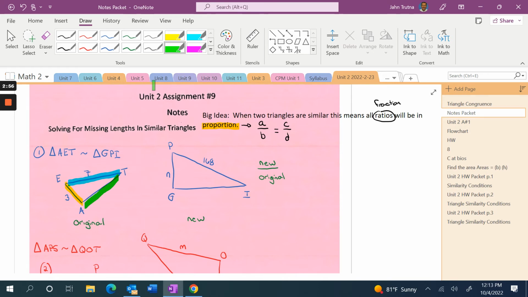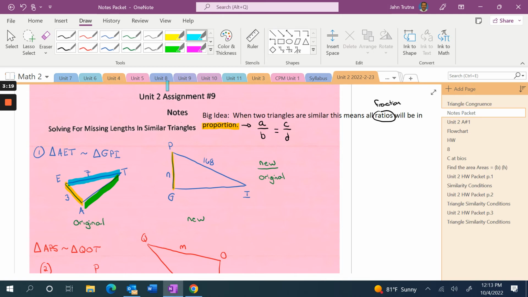So notice AE side, the first two letters I did in yellow. So that means in the other triangle, the first two letters, GP, that means that side is going to correspond with the 3. So the 3 and the N are going to correspond.